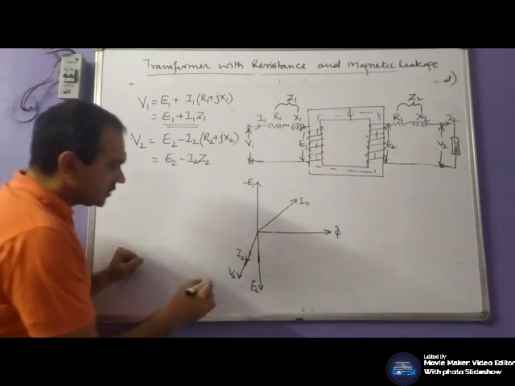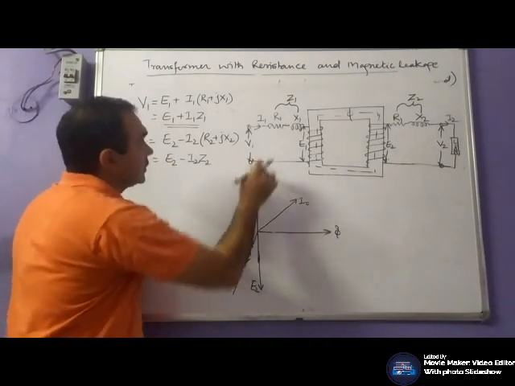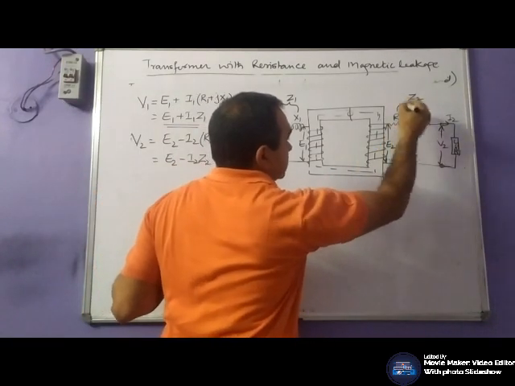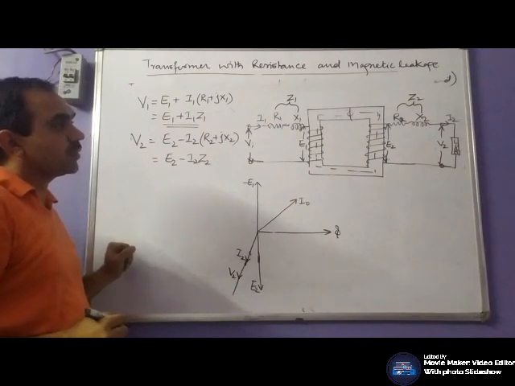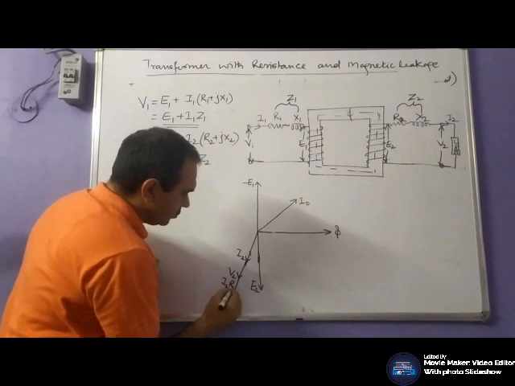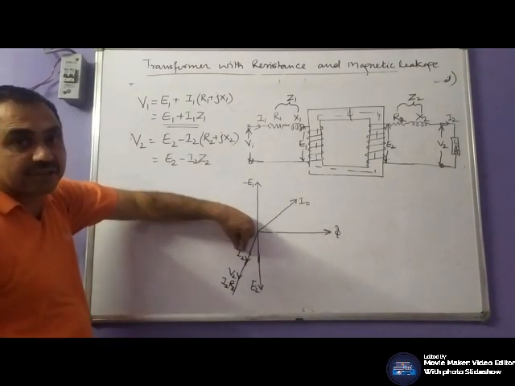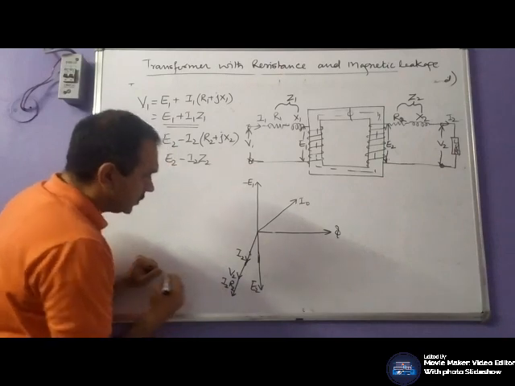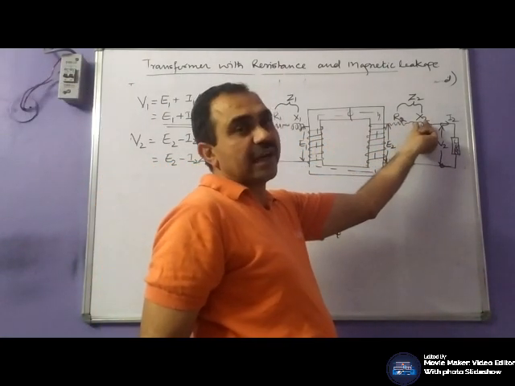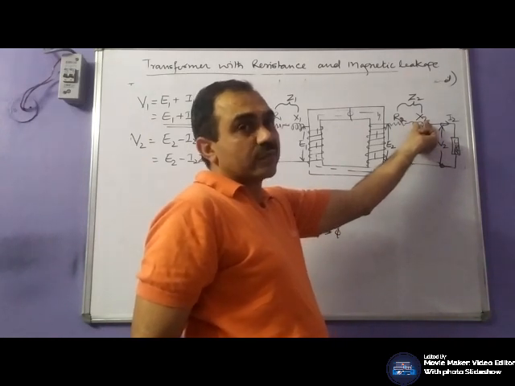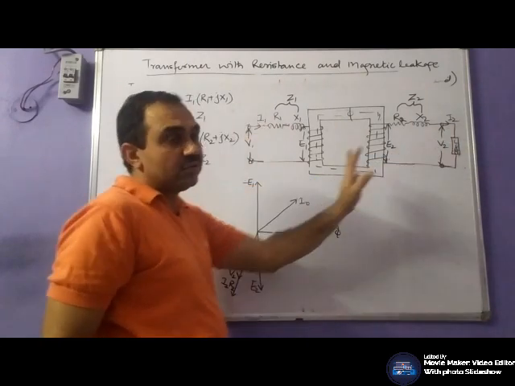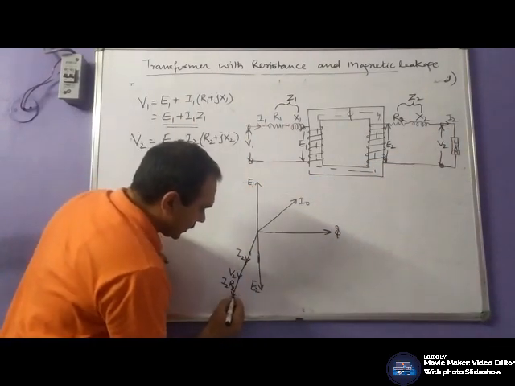Now, the voltage drop across resistance R2, I2 R2, is in phase with I2. And the voltage drop across the inductor, I2 X2, would lead the current I2 by a phase angle of pi by 2. So it will be perpendicular.